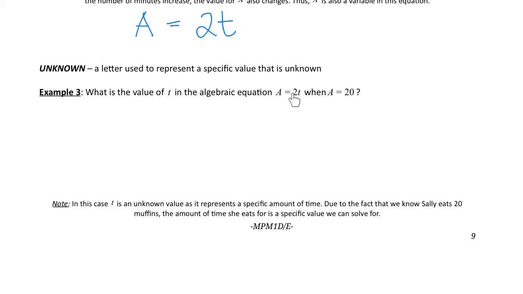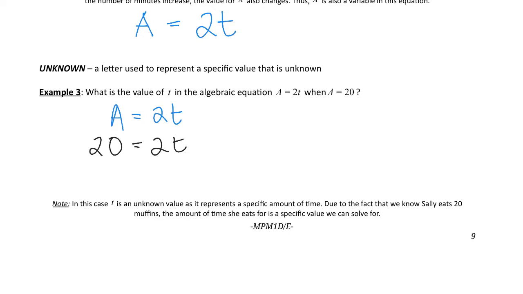And remember, she can eat 2 muffins every minute. So we have our equation, A equals 2t, but they are telling us that instead of the letter A, you can go ahead and put in a value of 20. So really when we're looking at this, what this is telling us is 2 multiplied by some unknown number has to give us an answer of 20.